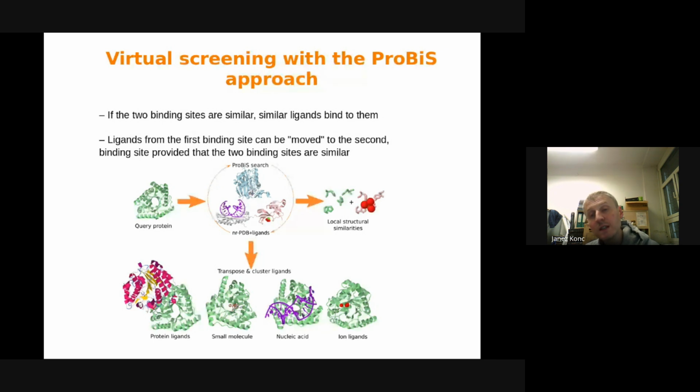But in the Protein Data Bank, a lot of proteins already have co-crystallized ligands on their surfaces. These ligands can be nucleic acids, small molecules, ions, water molecules, other proteins. These are all ligands.